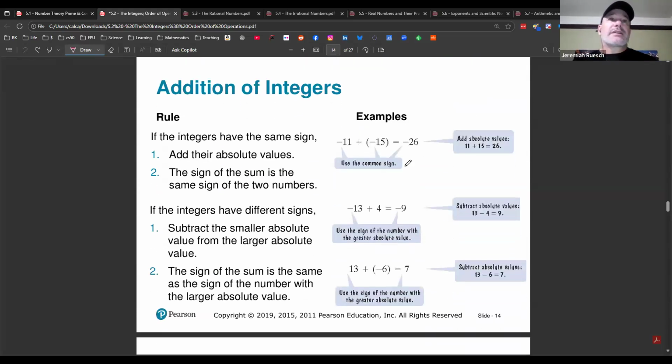All right. So actions on integers, in terms of addition for example, if you add two numbers together, going back to the direction analogy, if you are over here, let's say at 0, and you walked this far, -11, and then you're going to walk another 15 steps.